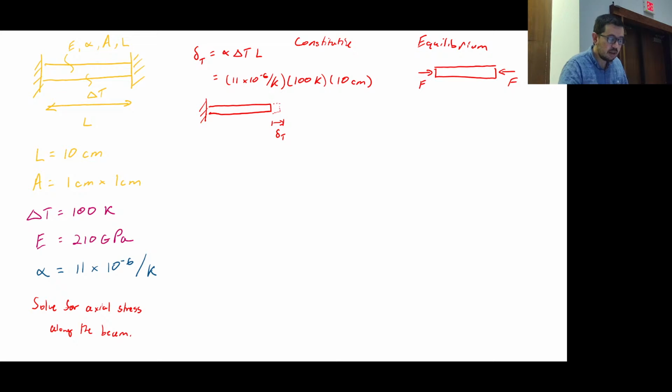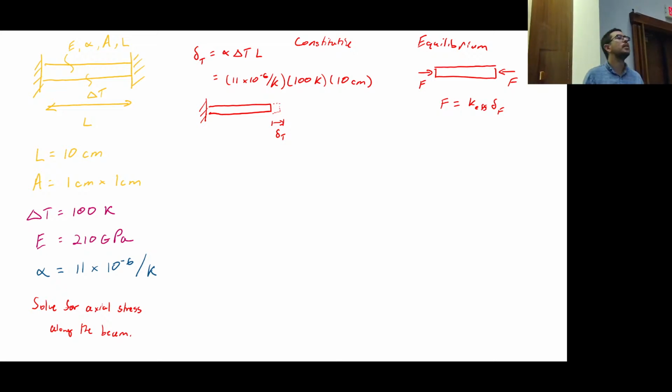And what is the equation that we use for that, that relates a force on an axially loaded bar to displacement? Okay, so yeah, we can use force is equal to k delta. That's fine. I'm going to say delta F just to distinguish here.